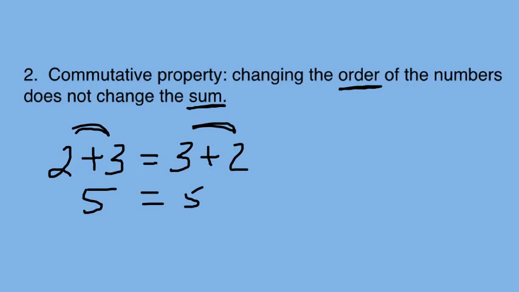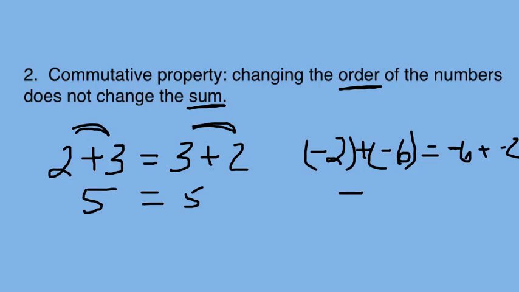Yeah. If I want to add negative 2 plus negative 6, and I switch the order around and put negative 6 plus negative 2, do I still get negative 8? Yes. So the commutative property tells me I can move the numbers around, but it doesn't change the answer. I still get the same answer.